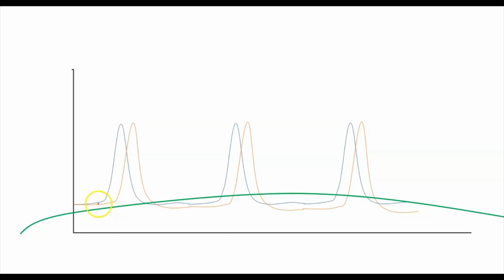Now, in order to cover the blood glucose spikes following meals, we need to use a different type of insulin known as short-acting insulin, which has a pharmacodynamic profile shown by this yellow curve here.